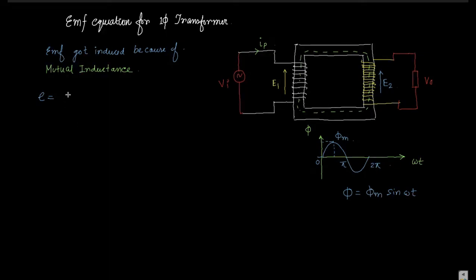So E becomes N d phi by dt. Phi is the alternating flux. D phi by dt means it is a time dependent variable. So where N is what?